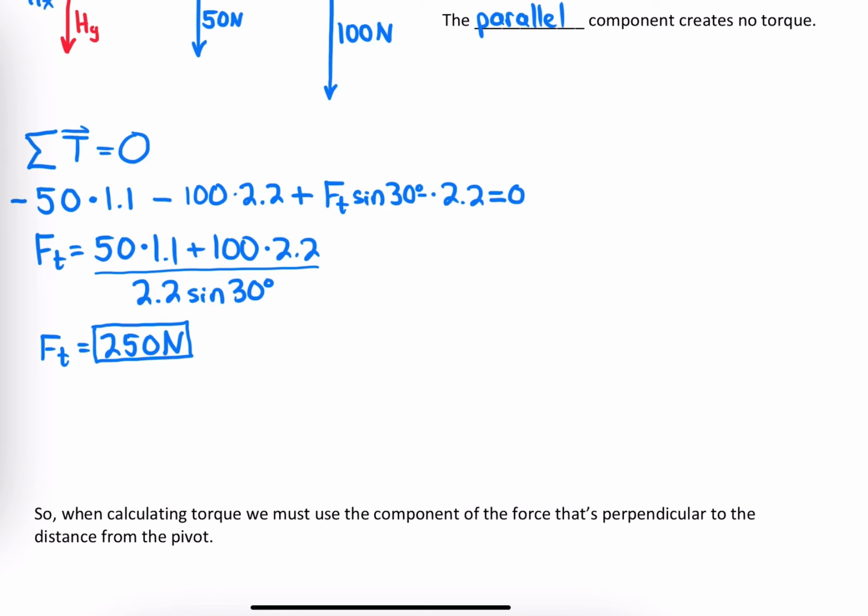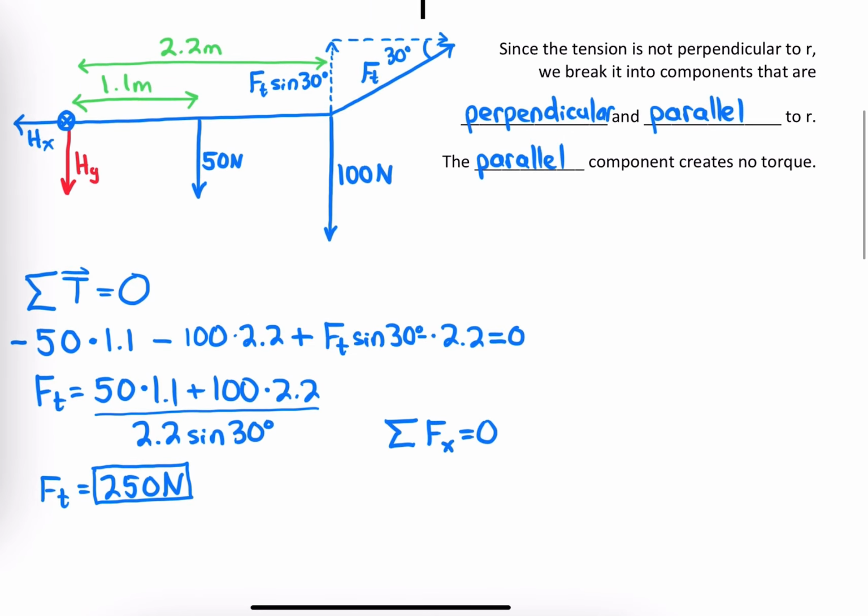Okay, so if I say the sum of all the forces in the x direction equals 0, that means, well, I only have two forces in the x direction. I have Hx, which is moving in the negative direction, and I have this guy, which is going to be FT cos 30, and that's in the positive direction.